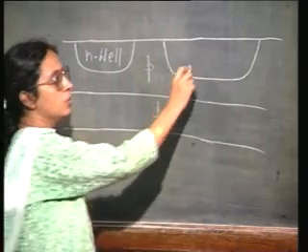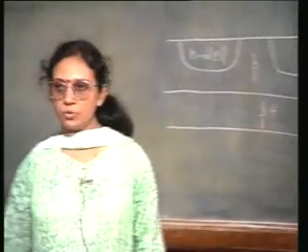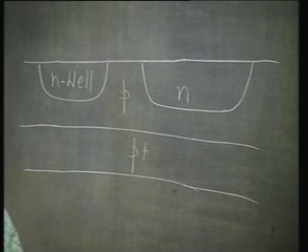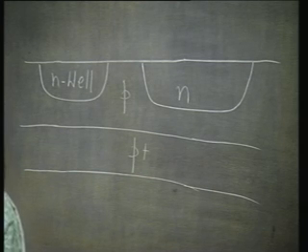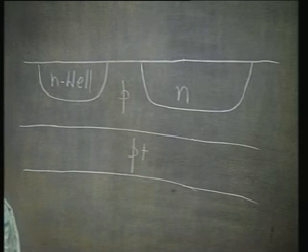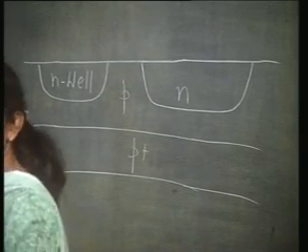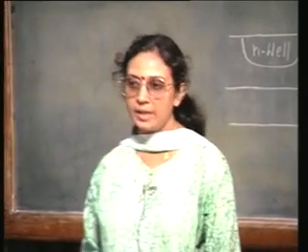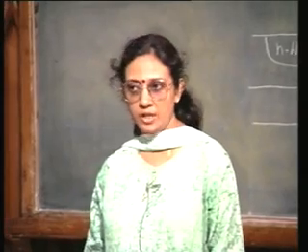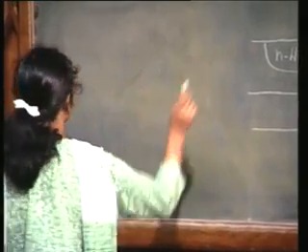Okay. Now, while doing this N-well, I can have another N region implanted in the substrate, which can now house my NPN transistor, right. In this N-well, I could have my NPN transistor, right. So, you see, first step is common.